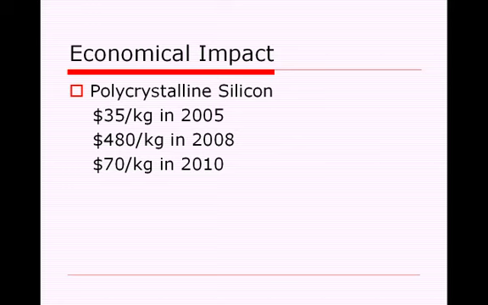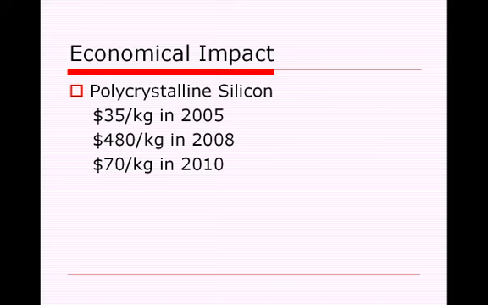And here is a typical example of how the market affects the development of this technology. Let's look at the price of the polycrystalline silicon. In 2005, the price was $35 per kilogram. And at that price, it attracted a lot of investment. So it grew rapidly during that time. Meanwhile, the price also went up to $480 per kilogram right before the economic crisis in 2008.